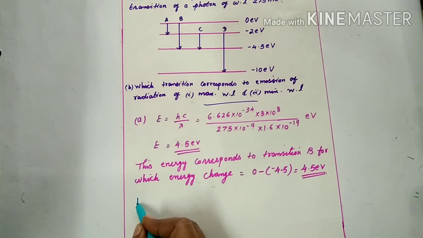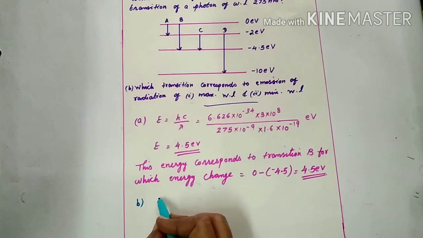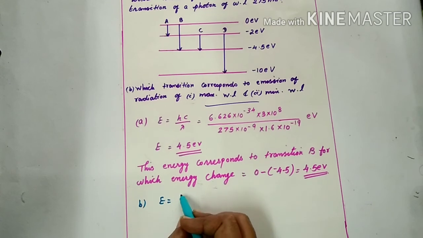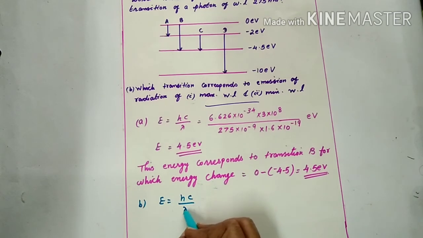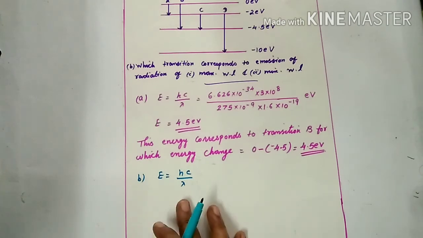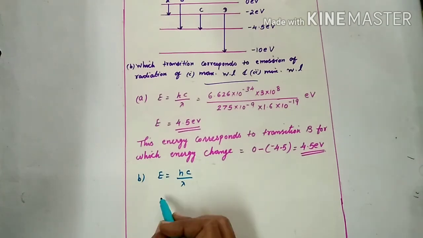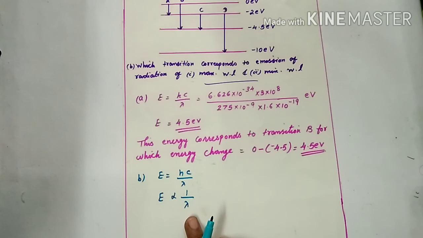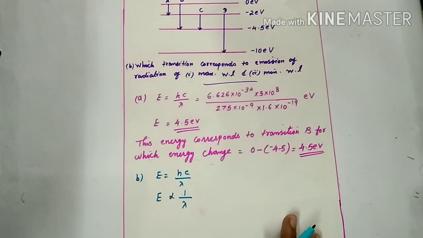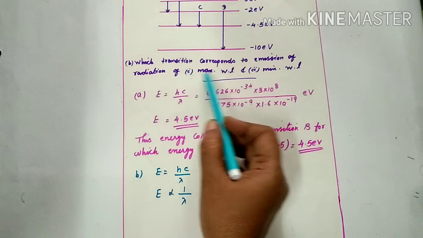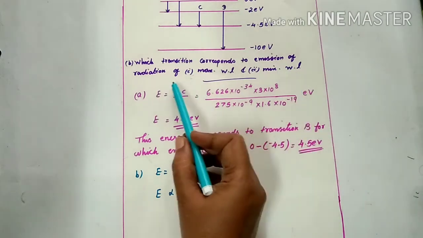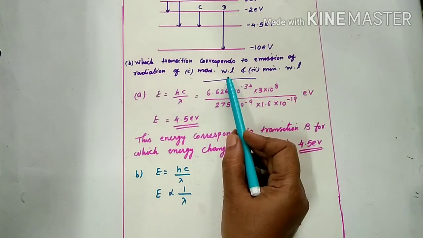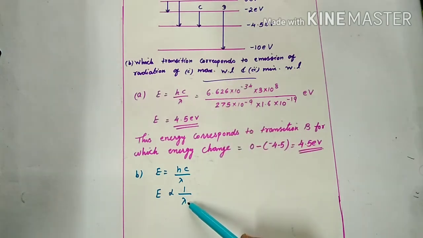You know that the energy of the emitted photon is E equal to hc by lambda. So here E and lambda are inversely proportional to each other, that is, E is proportional to 1 by lambda. So if energy increases, the wavelength decreases, and vice versa. For the question, which transition corresponds to the emission of radiation of maximum wavelength? If the wavelength is maximum, the energy of that transition is minimum.